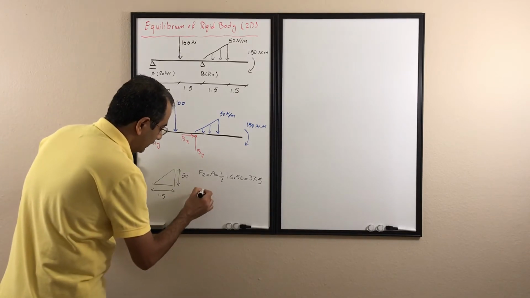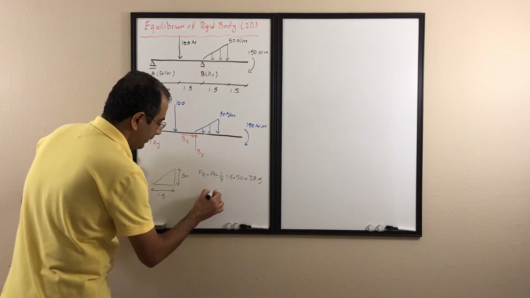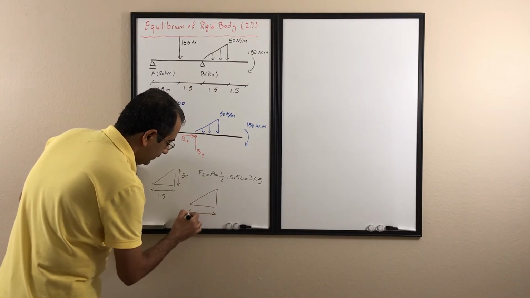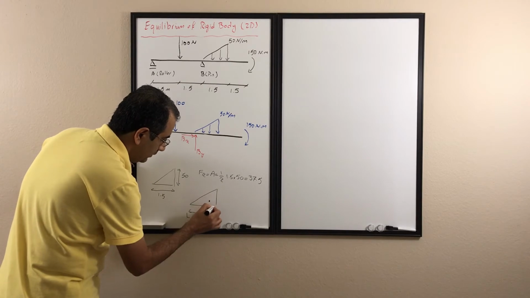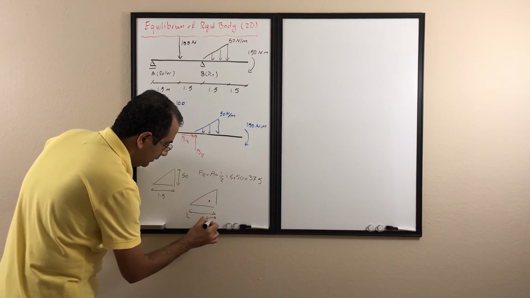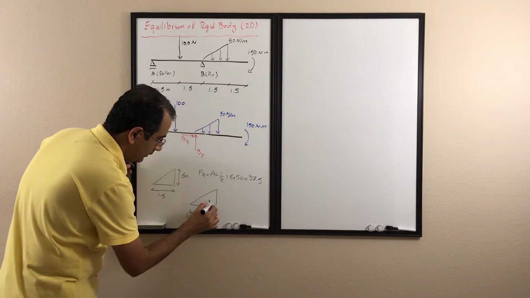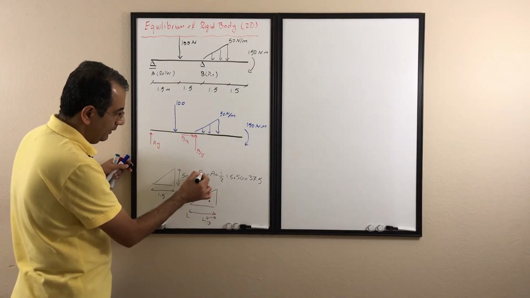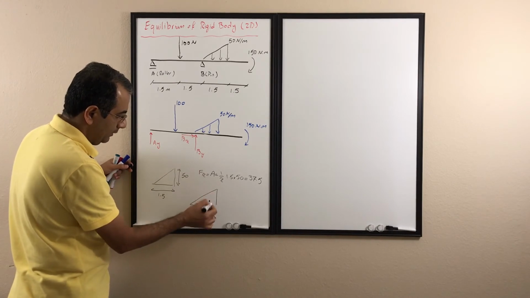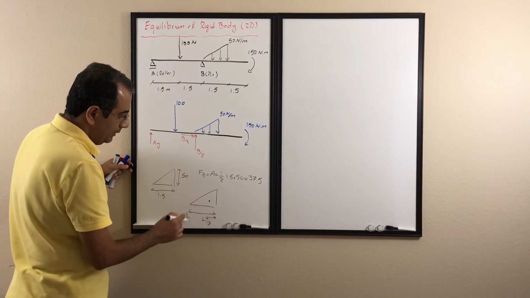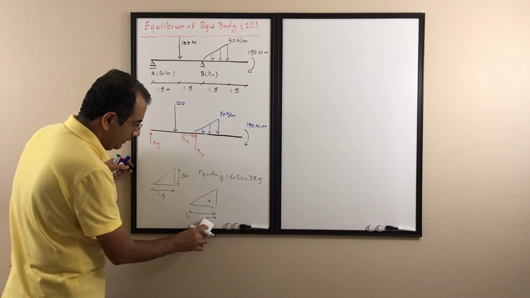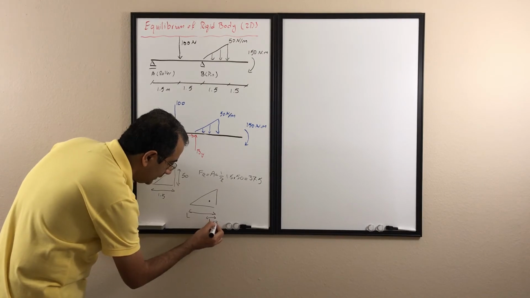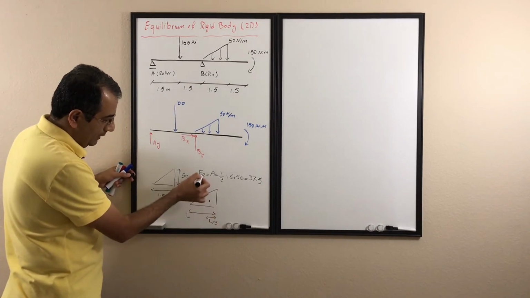If this is the length L, the centroid is at L/3 with respect to that edge. This is the centroid, and we know that FR is always applied at the centroid. So this distance is L/3, and that's where that force is applied.